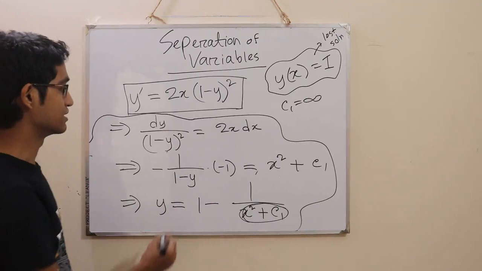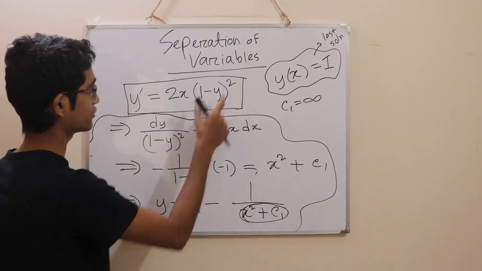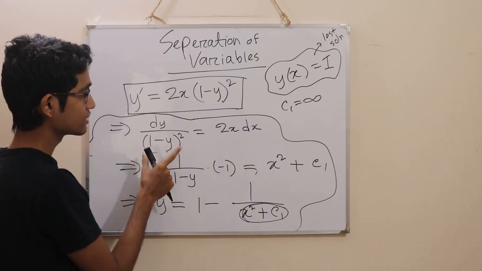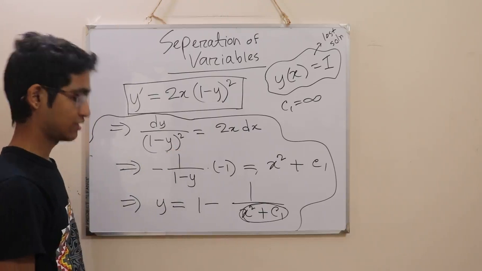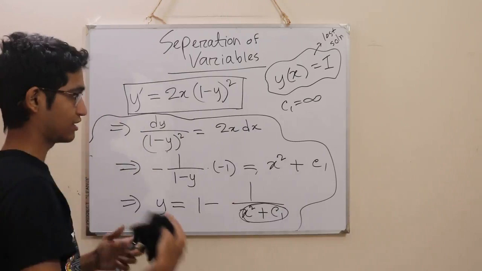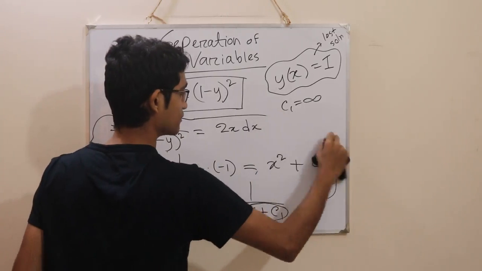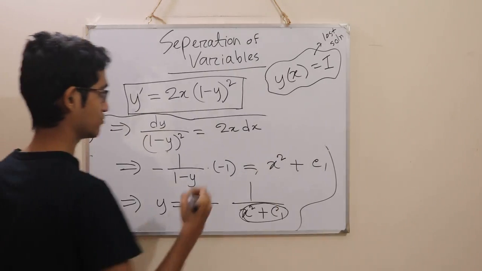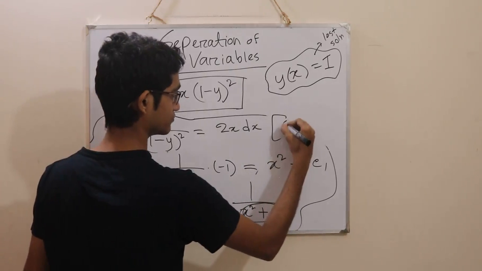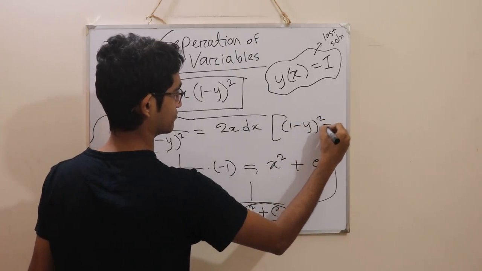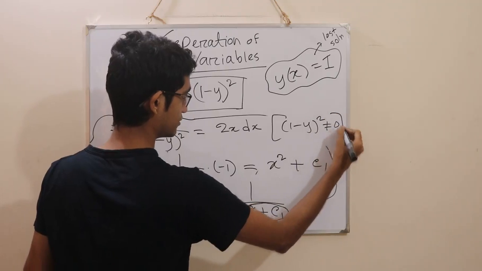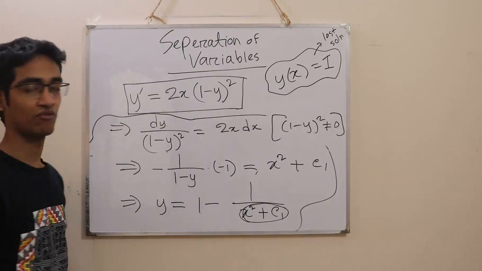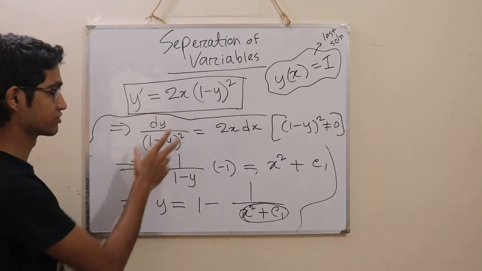If we look closely, we will see that we brought this part over to this side, and there is an implicit assumption that we are not stating, but we are assuming. The assumption is that (1 minus y) whole squared is not 0, because we are dividing by (1 minus y) whole squared.